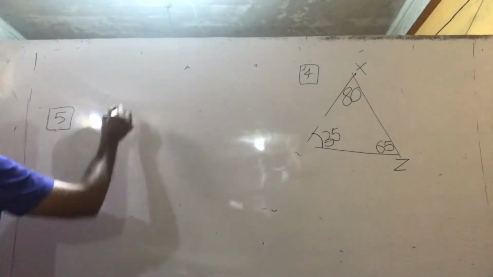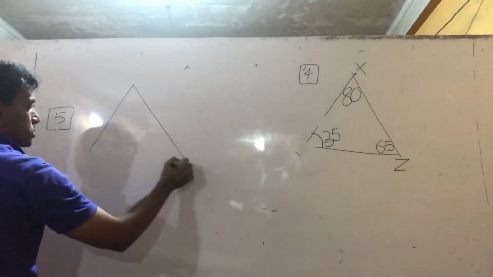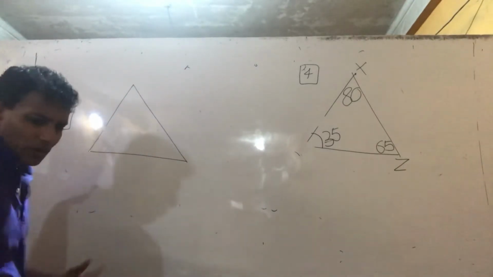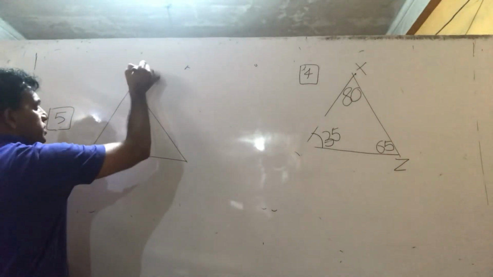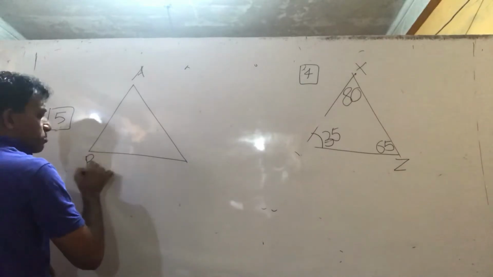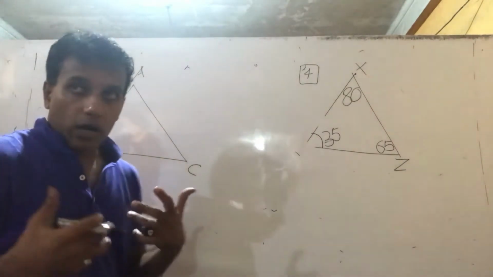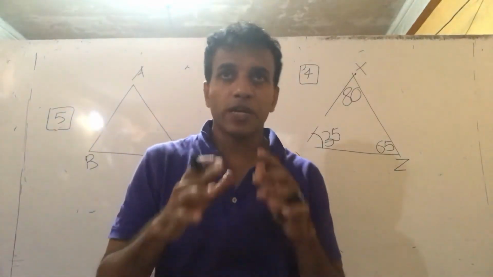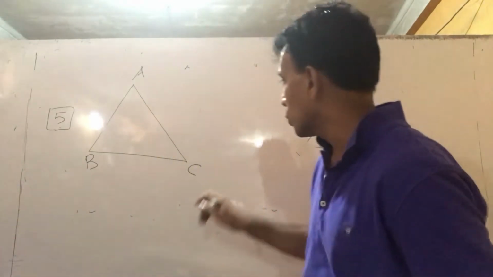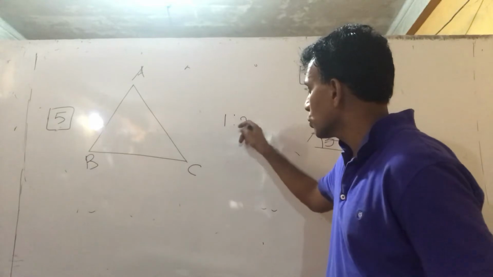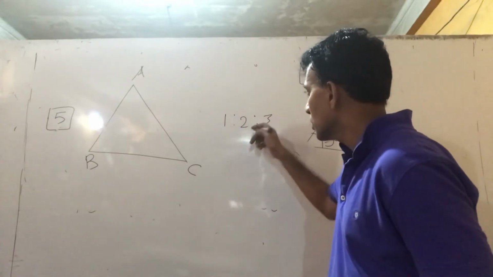See that triangle, I don't know the name, we write I say ABC, right? Triangle ABC. There are various methods. Yeah, how I am explaining this, I draw a triangle ABC. They say the angle ratio 1:2:3. What do you mean?